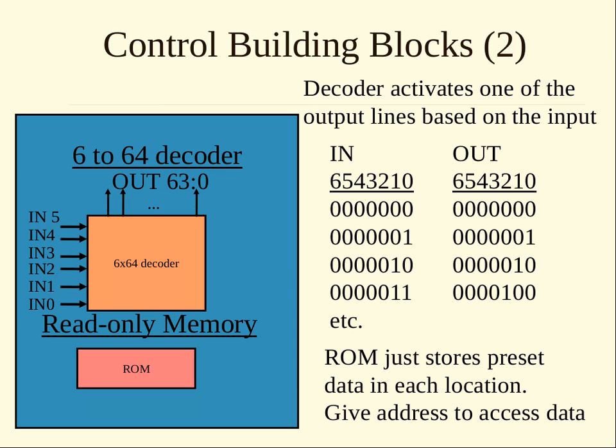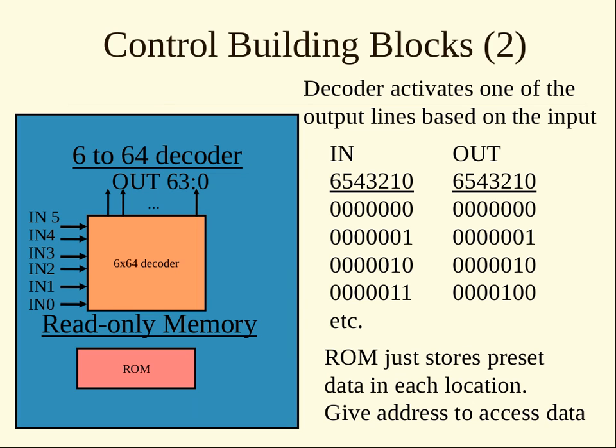Decode. Notice that the output has 64 bits. I'm only showing you the first 7 because I don't have time to write that all out. But notice that you have 6 in to 64.